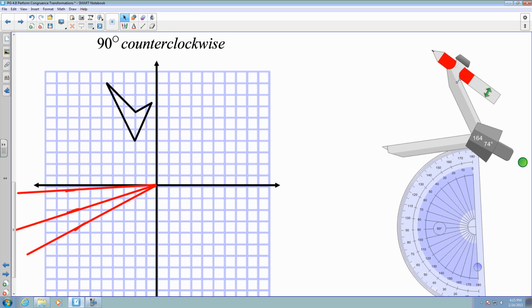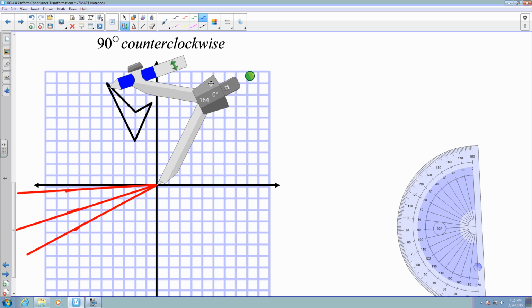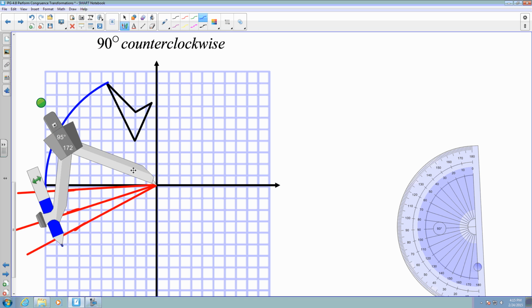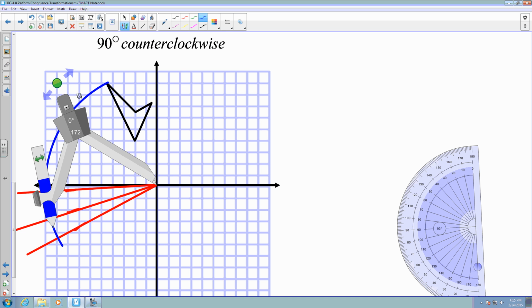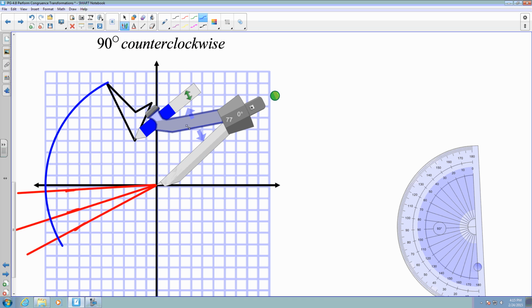And now I take my compass, and I'm going to change the color. So going over here, putting it back on the fixed point, I go over and you're going to have to remember the endpoints that you worked with. So this one here goes to that point over there, and moving it down to this endpoint.